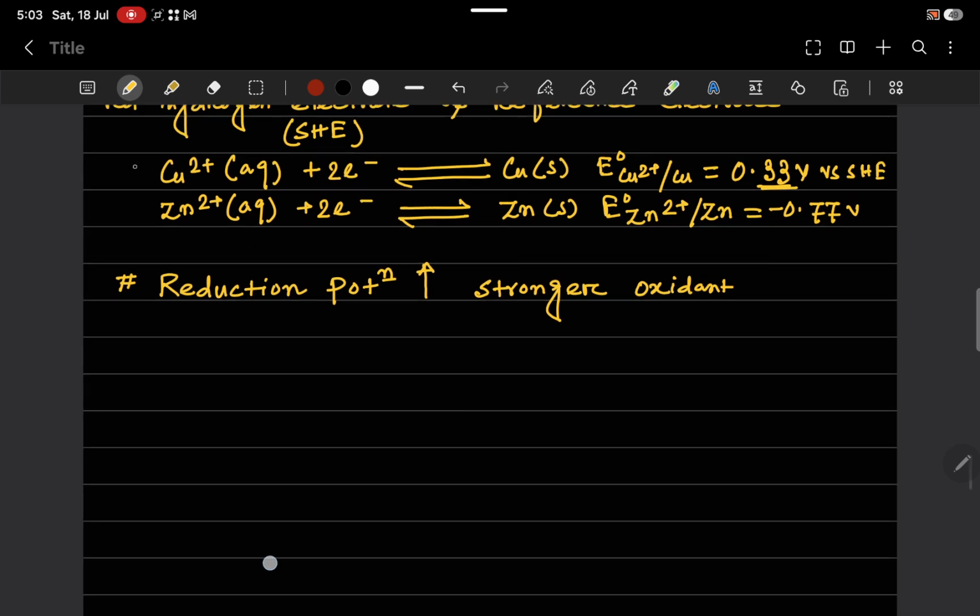Now tell me, this is reaction 1, this is reaction 2. So among copper 2 plus and zinc 2 plus, which is stronger oxidant?